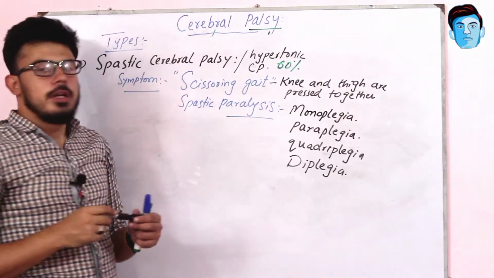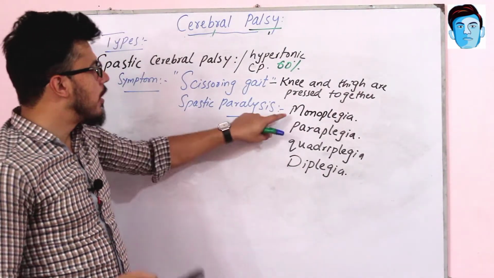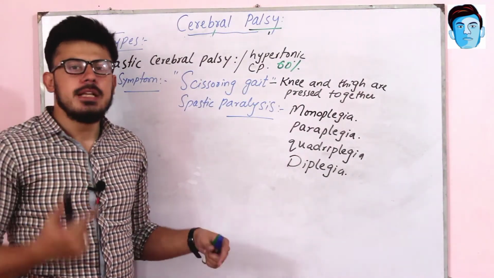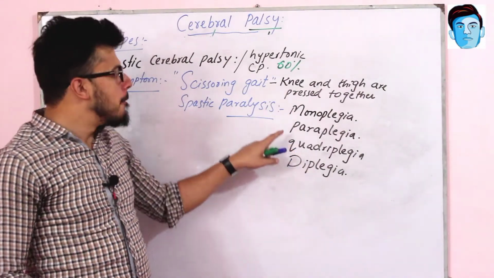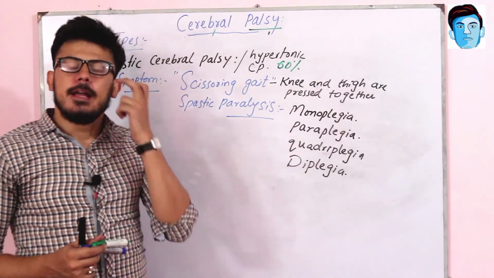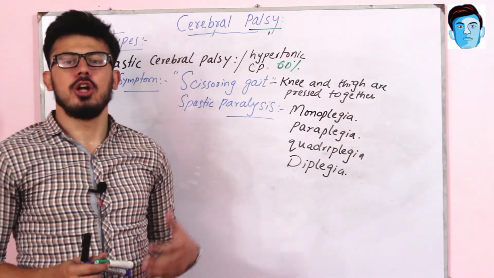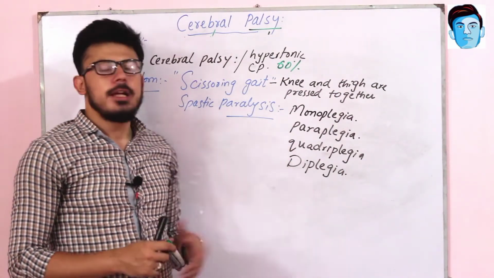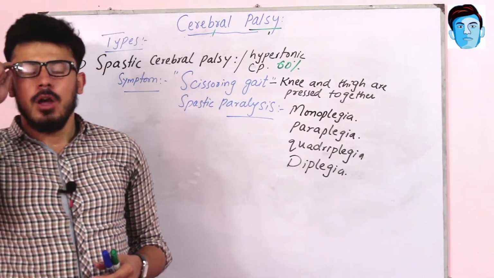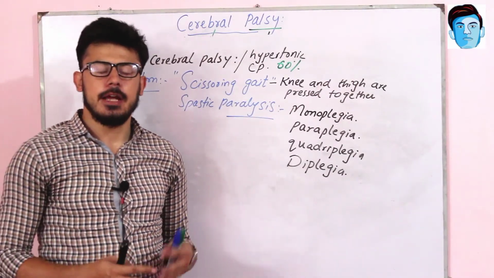So the spastic paralysis is in the form of monoplegia, meaning paralysis in one limb. Paraplegia means one is unable to move the lower parts of the body voluntarily, and quadriplegia means paralysis in all four extremities.